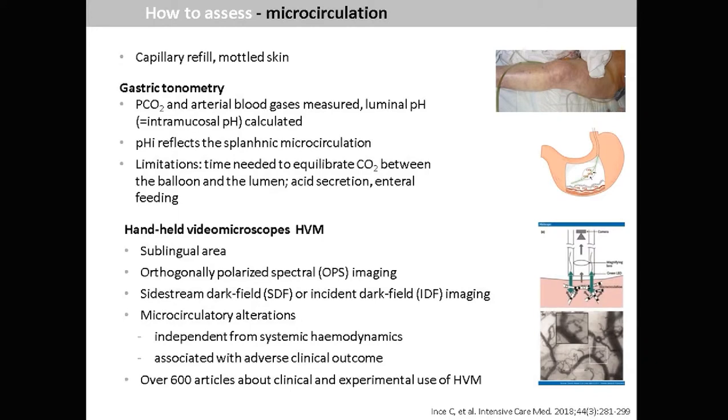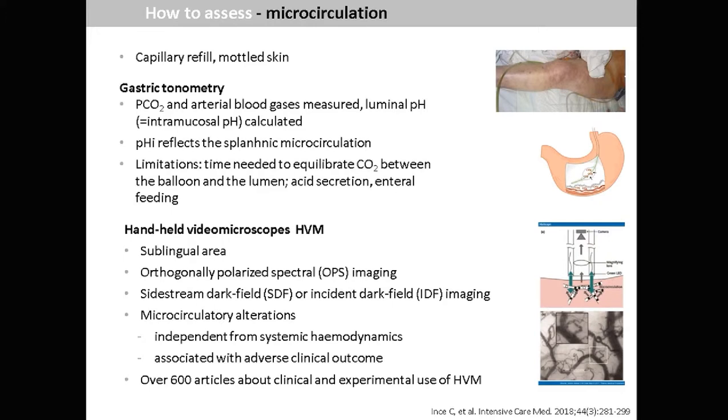Gastric tonometry has been investigated quite extensively, maybe decades ago. The idea is that there is a balloon in the stomach, and the CO2 content in the balloon is measured with simultaneous measurement of blood gases, and intraluminal pH can then be calculated from the Henderson-Hasselbalch equation, and that will reflect the intramucosal pH.